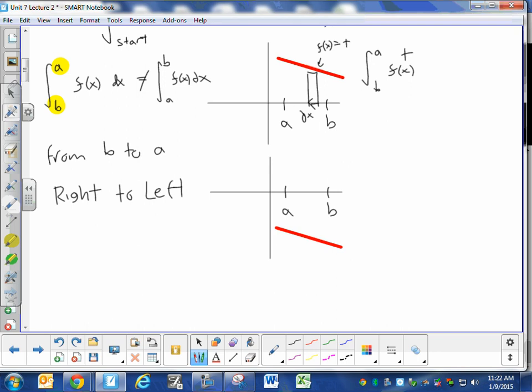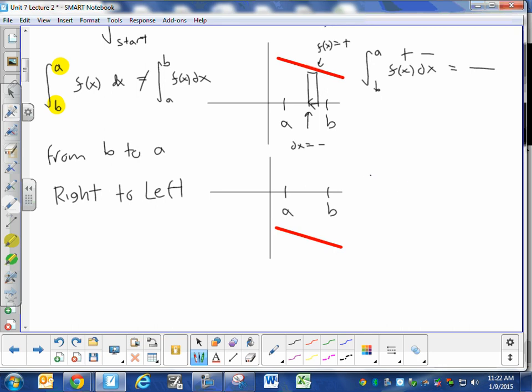Since that's a negative x direction, we consider this width to be infinitely small but negative. So all of a sudden, it's a positive times a negative. This is a negative value. So above the x-axis from right to left, actually the area is considered negative.